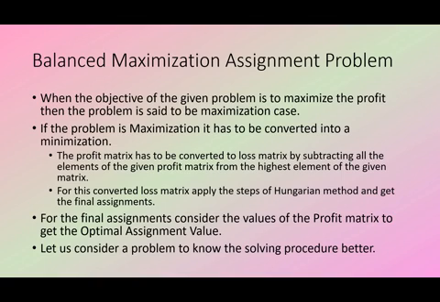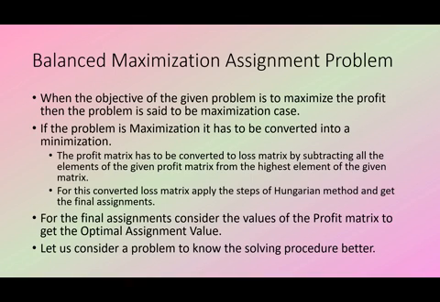From the problem given, identify the biggest value in the entire matrix. Whichever is the biggest value, you are supposed to identify that first. After identifying that, subtract all the other elements of the matrix from that biggest value. So whatever was your profit matrix gets converted to a loss matrix now.